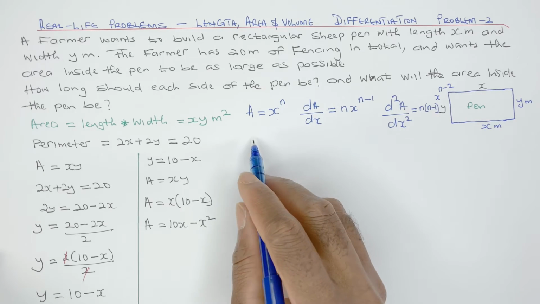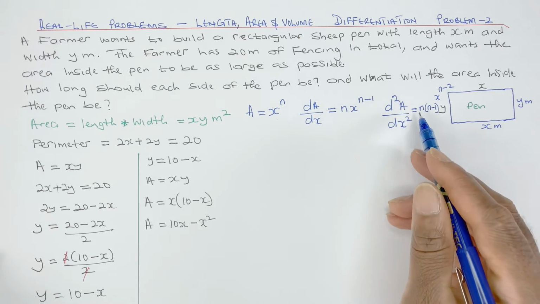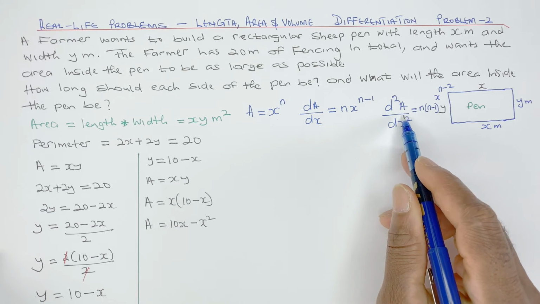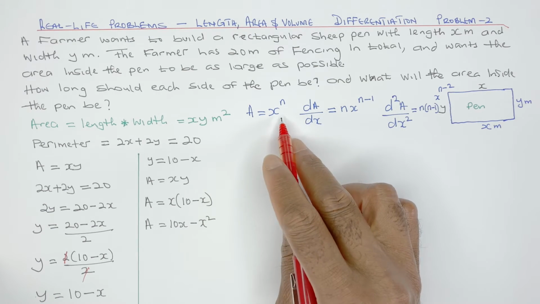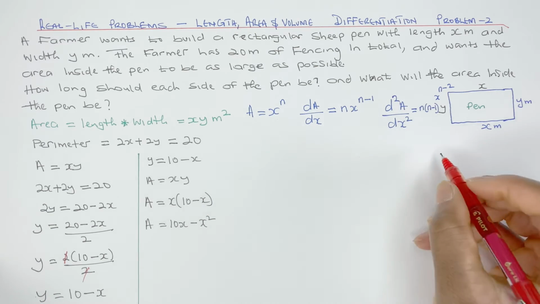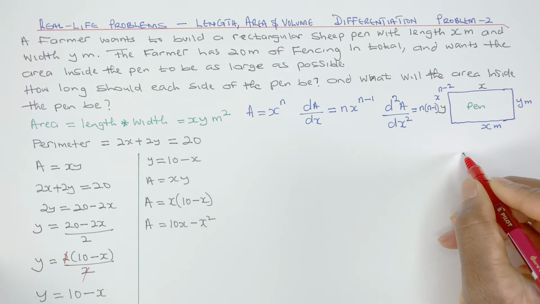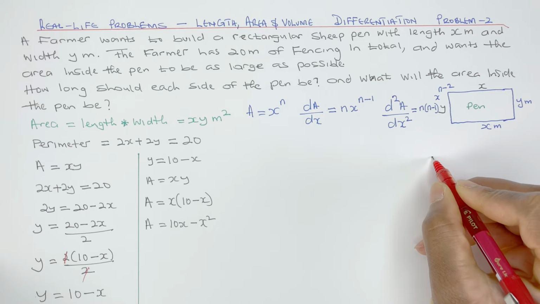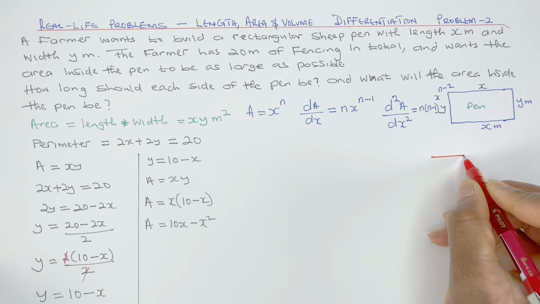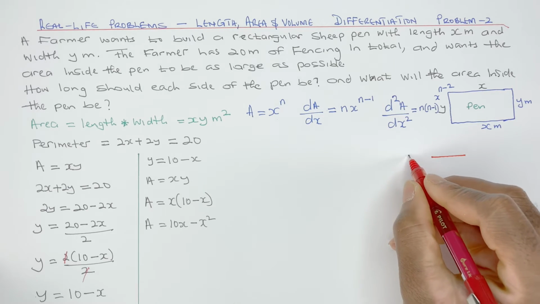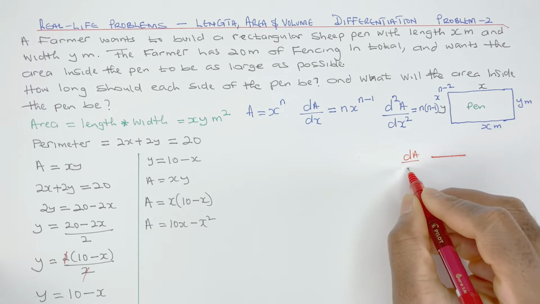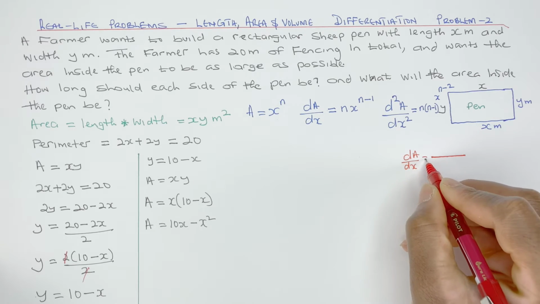But in this case, we want to maximize the area when we have a function. When we differentiate our function and set it to 0, which means we've got this is the differential, in this case, dA/dx equal to 0.